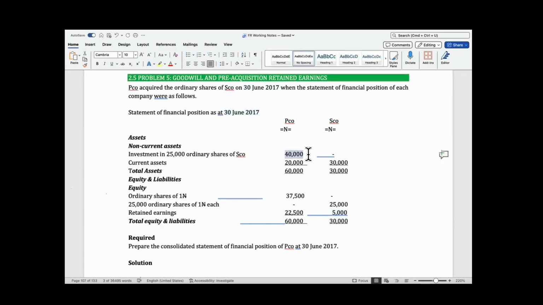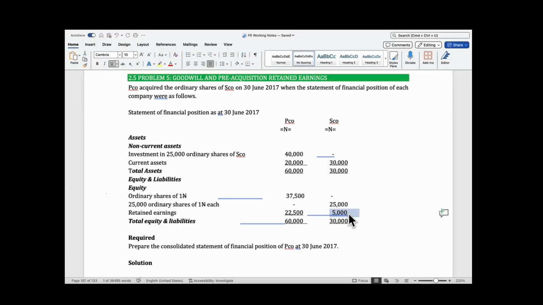So that means this 40,000 actually relates to both the share capital and all the reserves of ESCO because they were there at the date of acquisition.